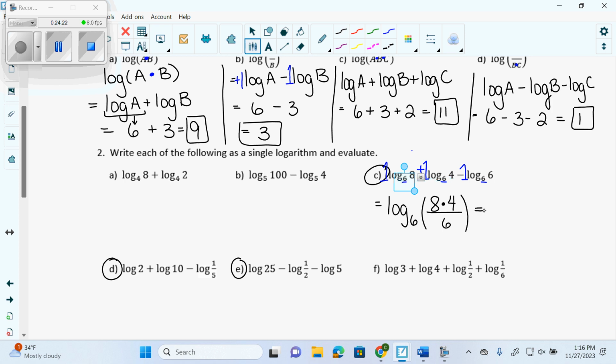So I'm going to get log base 6 of 32 divided by 6, which they might reduce to log base 6 of, if you get 2 out of both, 16 over 3.